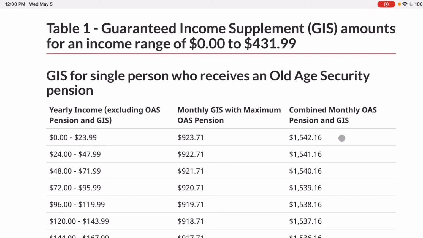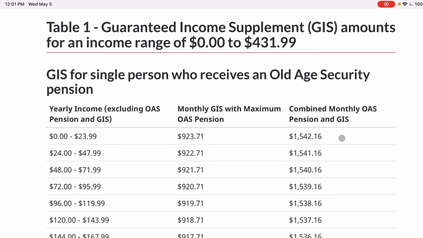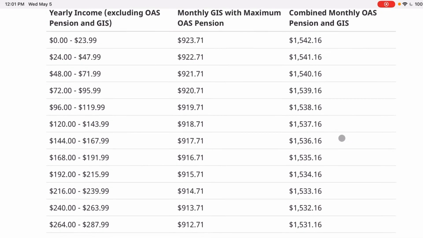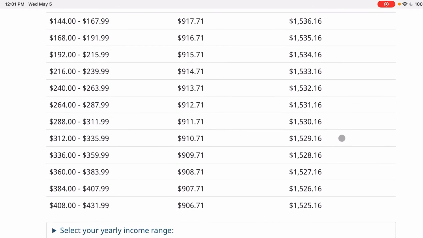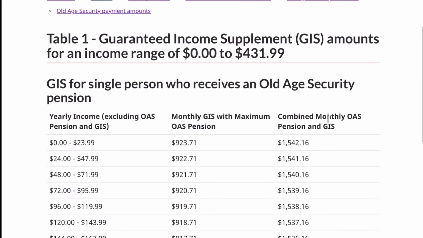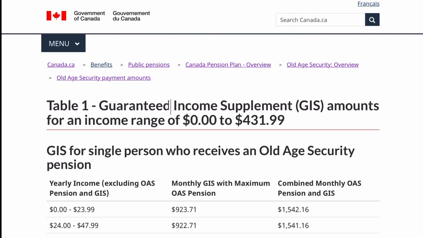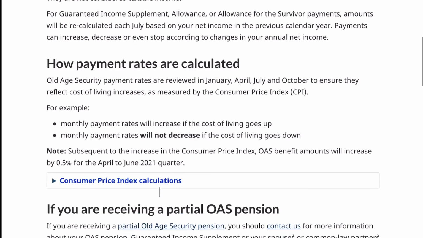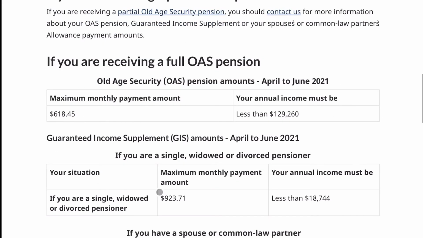Sometimes being a low-income Canadian, you can get a lot more money back from the government in this situation. And as your income rises up to that magic number of 18,000, let's take a look here.